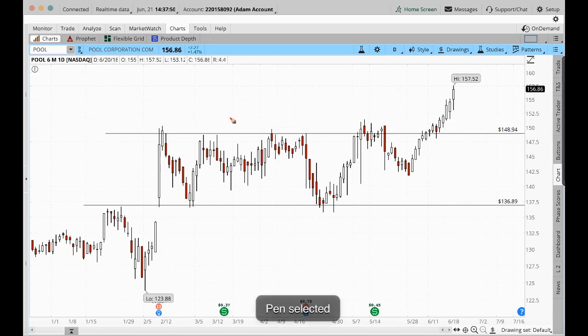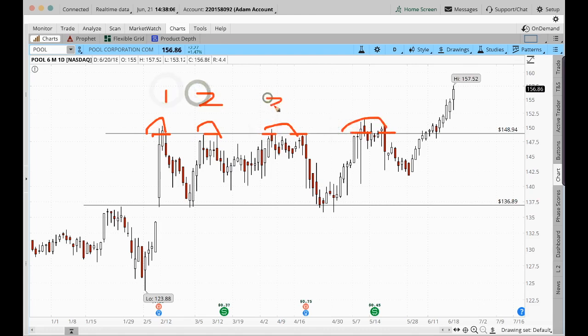And again, why do I draw it here? Because it's the line of best fit. It touches as many points as possible, right? So to me, this is a strong resistance. And it tests 1, 2, 3, 4. It tests 4 times. So it is a strong resistance.